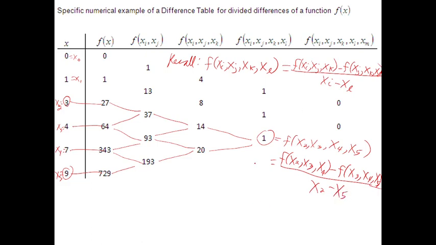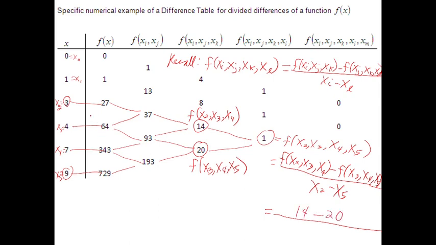Okay? So we have, so this is f of x sub 2, x sub 3, x sub 4. This is f of x sub 3, x sub 4, x sub 5. Okay? So we have 14 minus 20, then x sub 2 minus x sub 5, 3 minus 9.